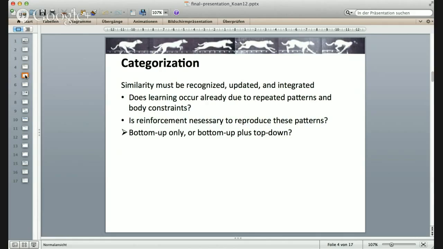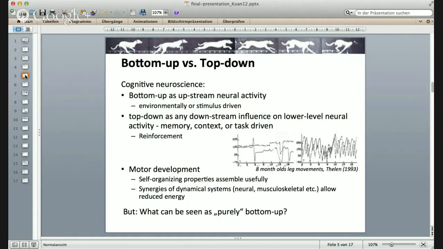So this leads me to the definition of what is bottom-up and what is top-down, and this is quite difficult, although it's very important for the experiment that we are planning, because it's very difficult to really separate it.